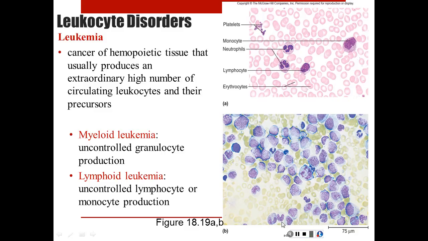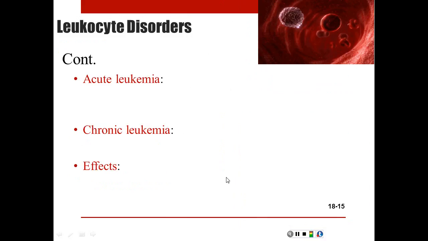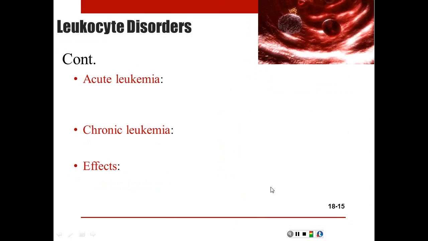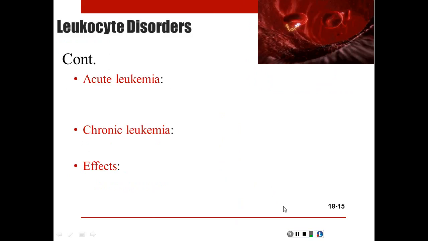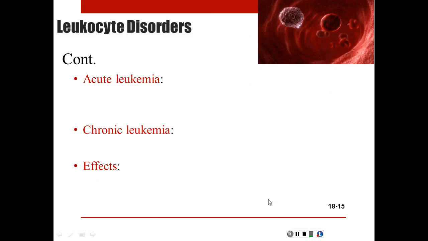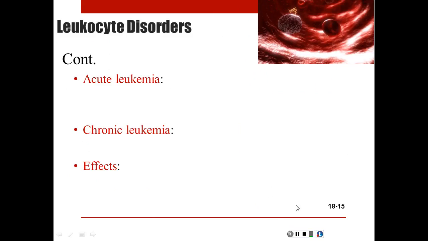Myeloid leukemia is marked by unusual granulocyte production. Lymphoid leukemia is uncontrolled lymphocyte or monocyte production. Acute leukemia of any type appears suddenly, progresses rapidly, and causes death within a few months without treatment.